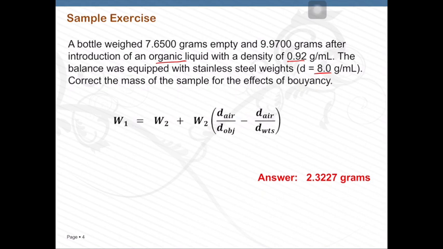How was this calculated? Using this formula.